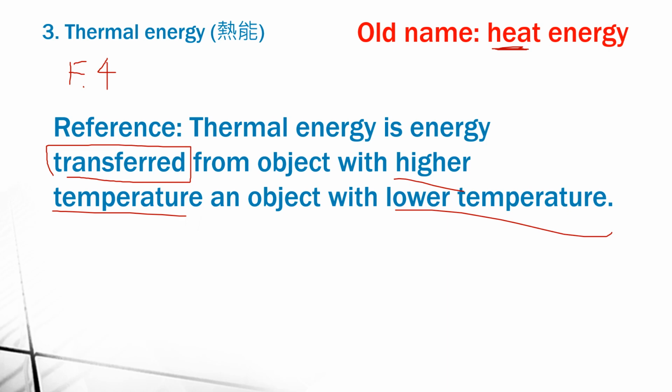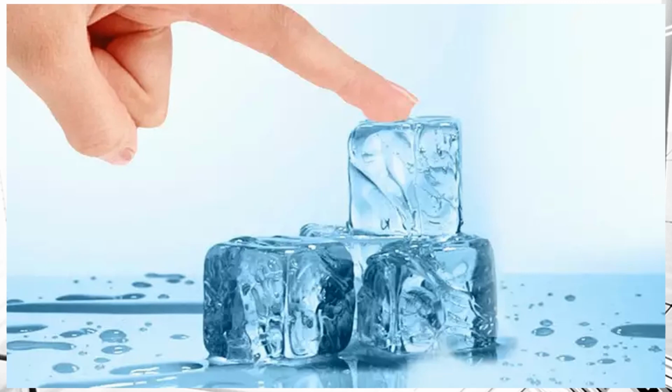Now, I will give you a very common daily life example. If you touch a piece of ice, you will feel cold. It seems that the ice is drawing some energy from you.